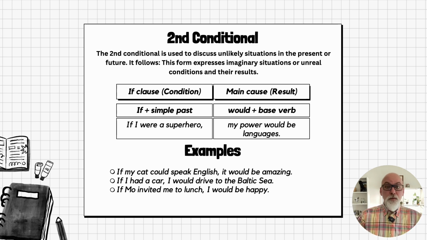Well, if you look at the first part, the if clause, it's if plus the simple past. So that's in the past tense, something that is a completed action. And in the main clause, the result, we have would plus the base verb. So our example is, if I were a superhero.